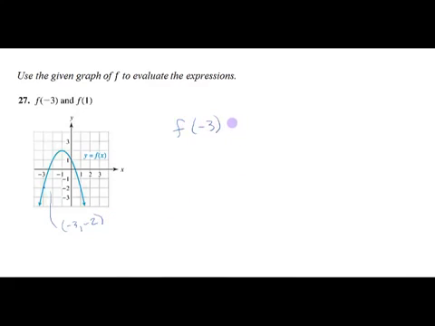So f of negative 3 is negative 2. F of 1: we're finding the value of the function when x is 1. So x is 1 here, and we have the point 1, negative 2. So f of 1 is negative 2.